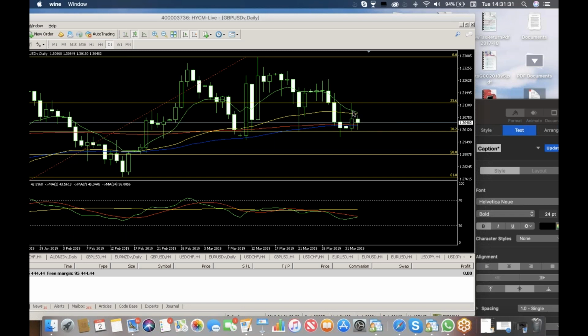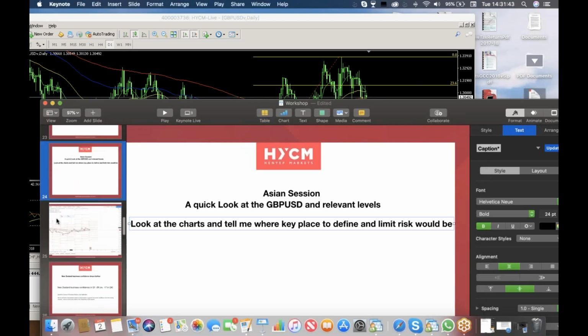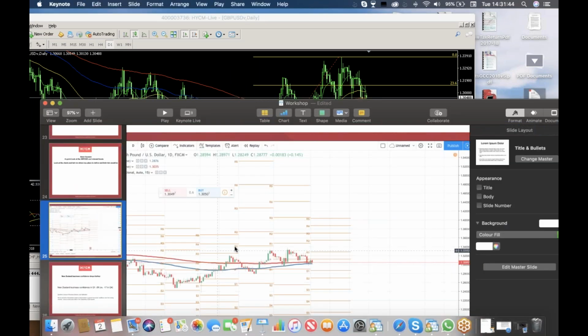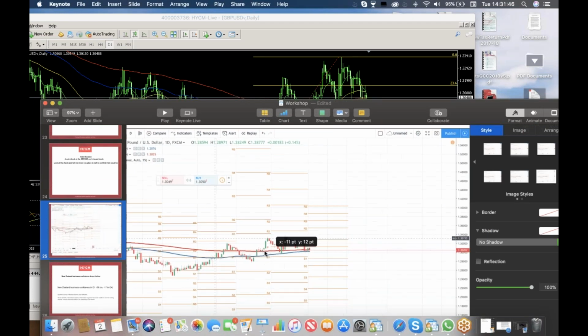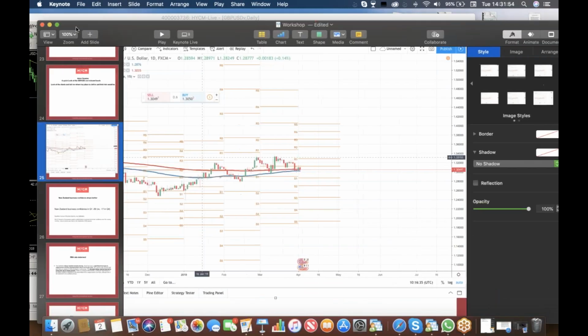Now, you can see that technically it's moved up into that 23.6 Fibonacci retracement level and sold off. Looking at the charts here, we see that it's sold off also on a pivot point. You see that pivot point there, 1.3200? It's sold off at a pivot point on the daily chart, okay?